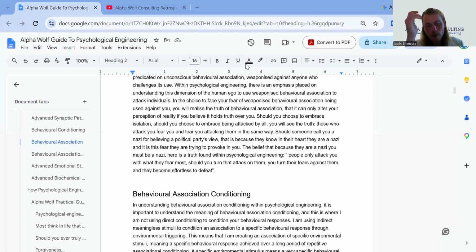So I'm taking a thought or a memory that creates the belief of self-doubt, or the feeling of doubt within myself. Whenever that memory is triggered by my environment, instead of allowing myself to feel and experience self-doubt, I am artificially overriding it with language patterns, belief structures, and new memories.